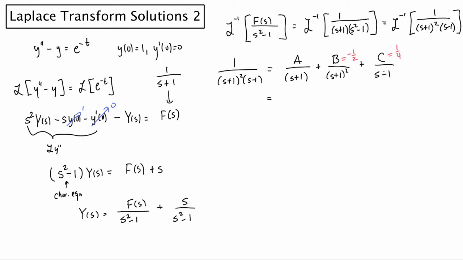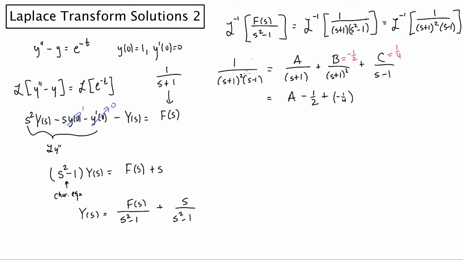And then for a, I just have to plug the values back in and make sure that it equals 1. So if I used 0 for all of the s's to find a, then I would have a minus 1/2. If s is 0, that would be a 1 in the denominator, plus c is 1/4, and if I had a 0 for s in the denominator, that'd be negative 1/4.